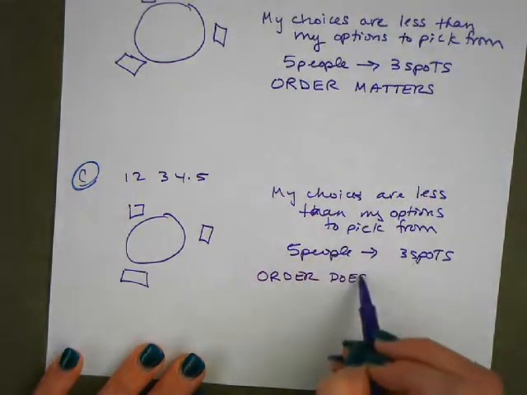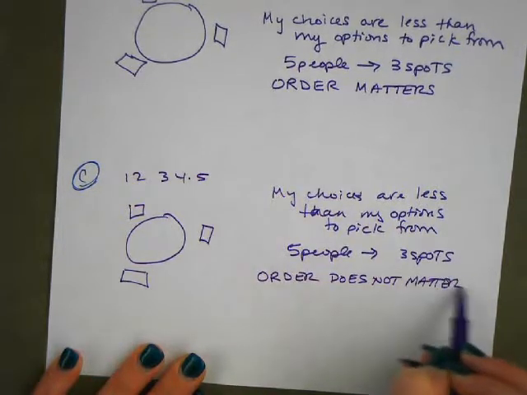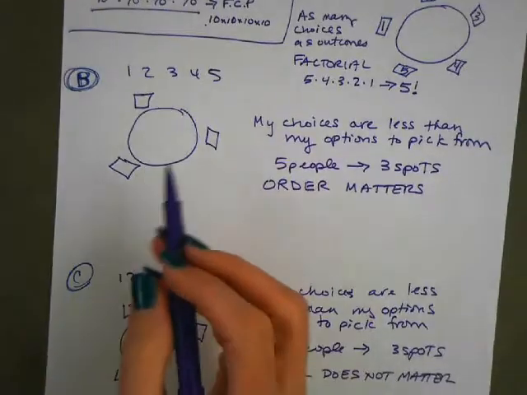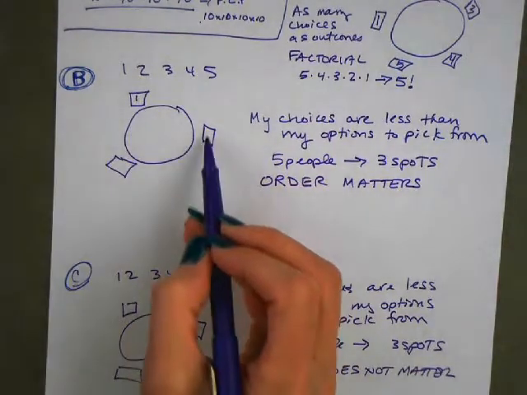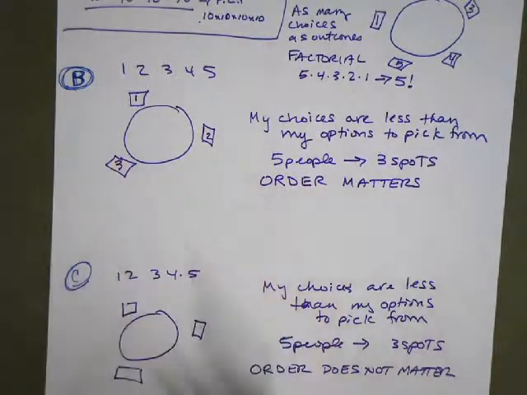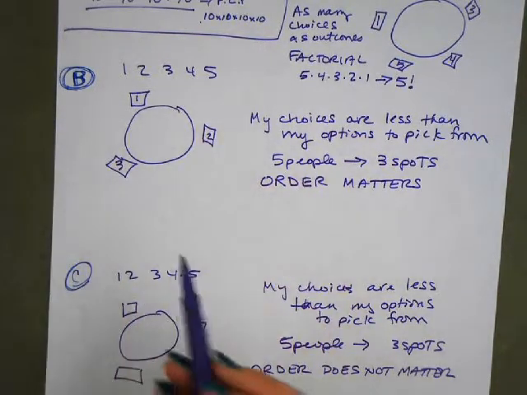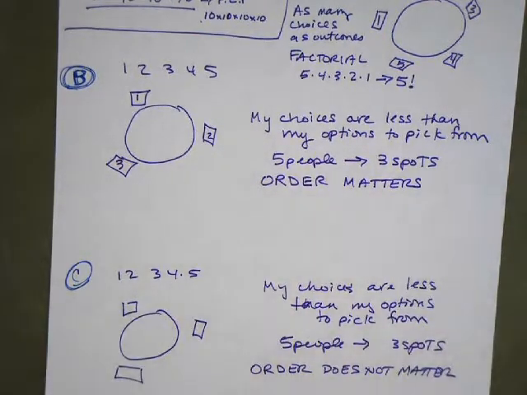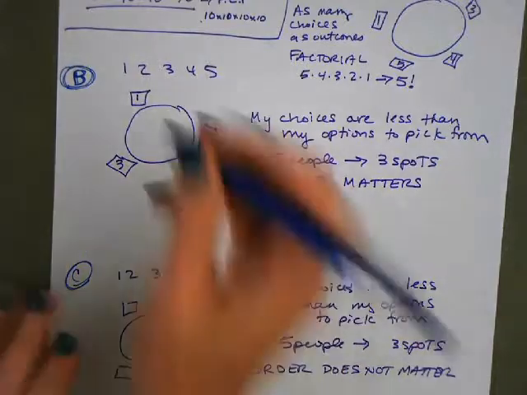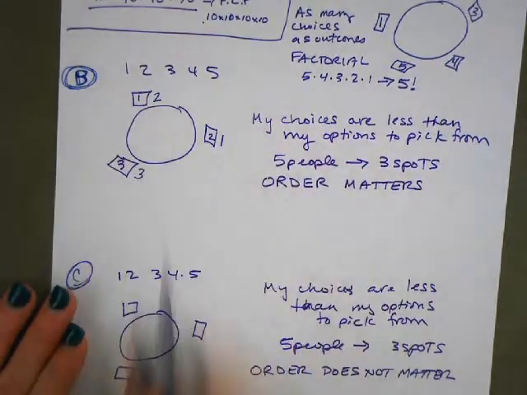And what do I mean by that? Well, in this one, let's say I put number 1 here, number 2 here, and number 3 here. Okay? This is an order where 1 goes here, 2 goes here, 3 goes here. It is a different solution set if I put 2 here, 1 here, and 3 here.